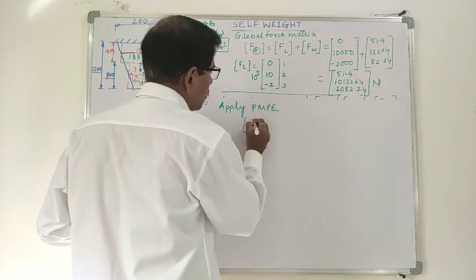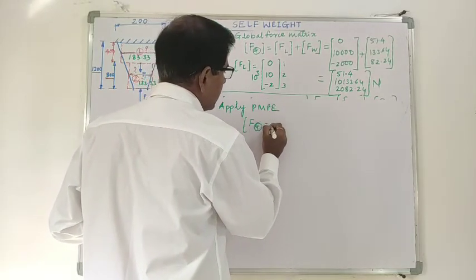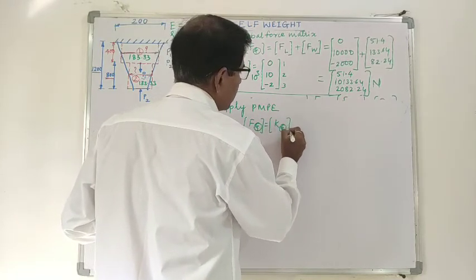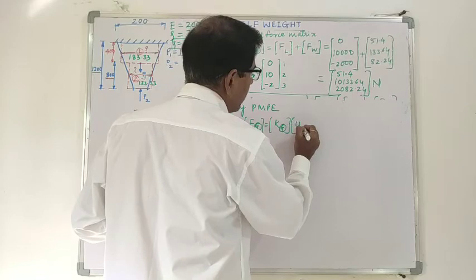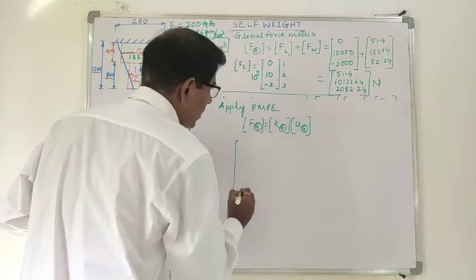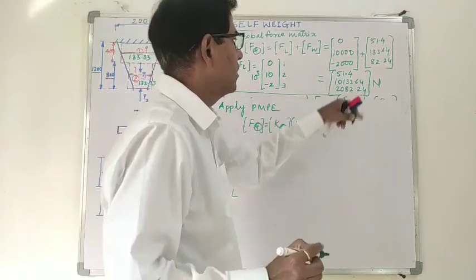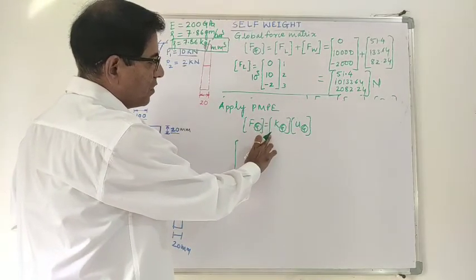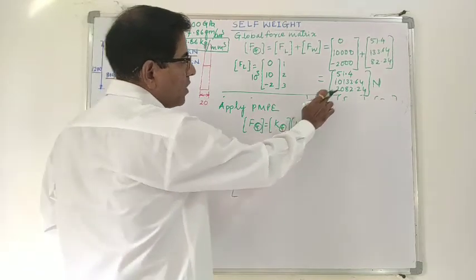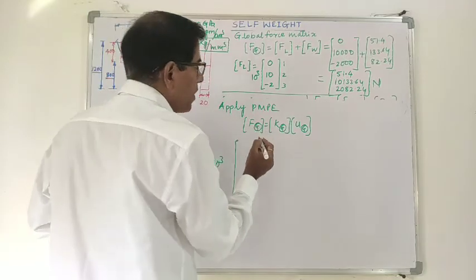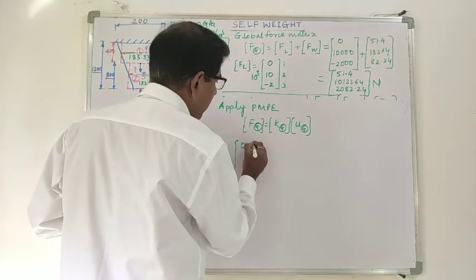So the global force matrix is equal to the global stiffness matrix multiplied by the global displacement matrix. The global force matrix is this. Since we have taken 10 to the power 3 out of the global stiffness matrix, here also we take out 10 to the power 3 outside the bracket.